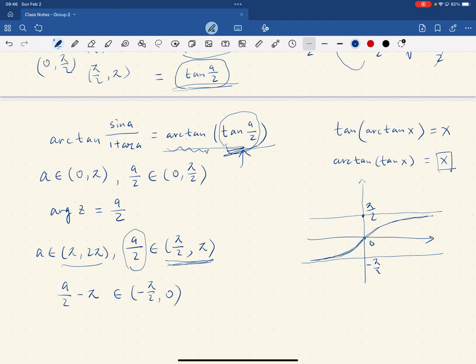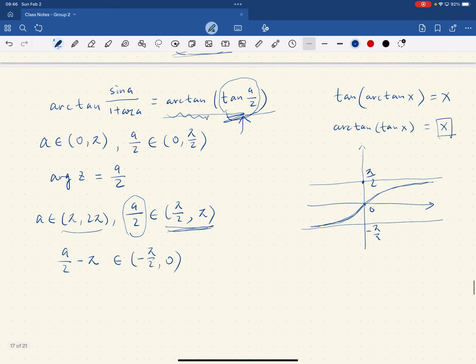It'll become a positive value from 0 to 2 pi. So the argument of z, in this case, is a over 2 minus pi plus 2 pi, even though both angles are in quadrant 4.